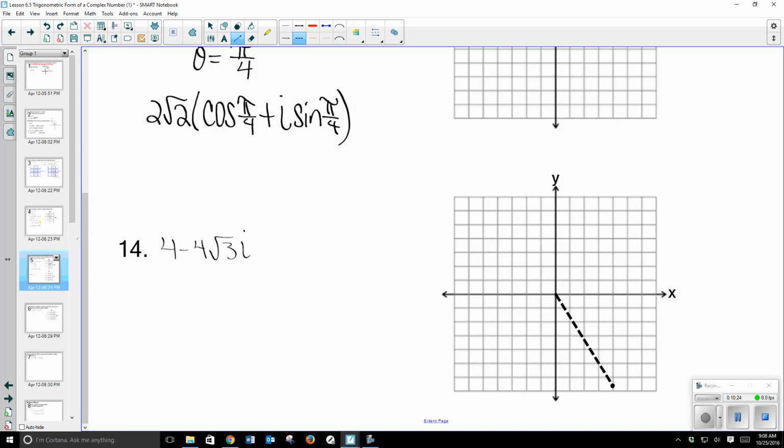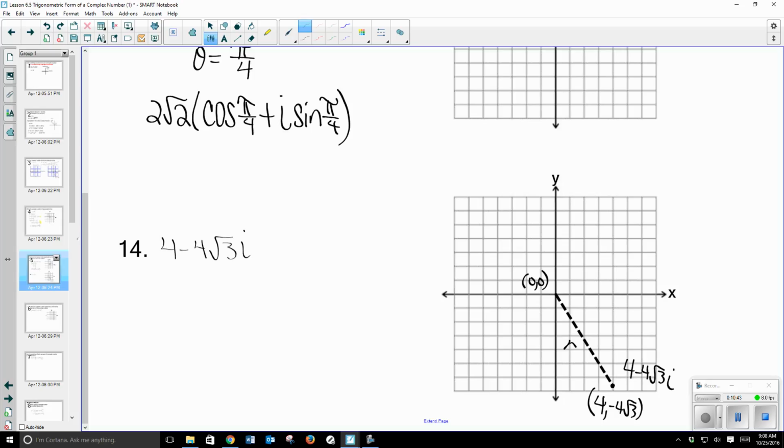So we're looking for the distance that that point is from 0, which is r, from 0, 0. Or 4 minus 4 root 3 i.